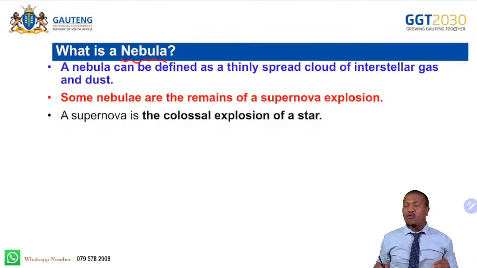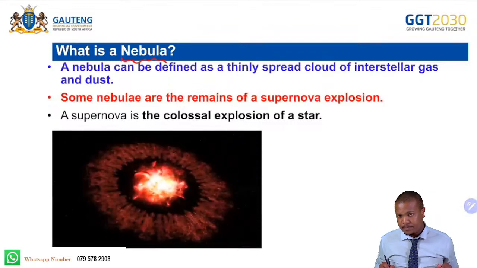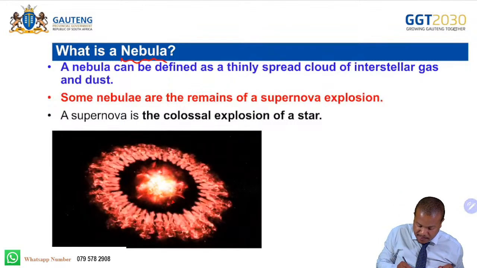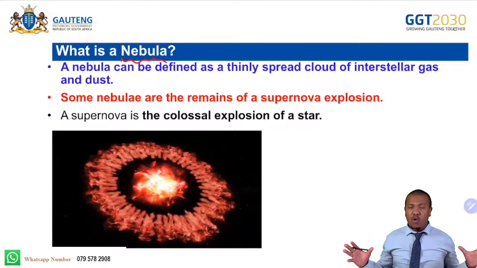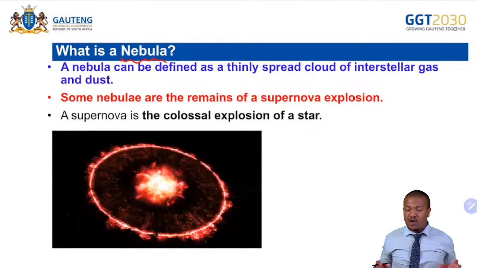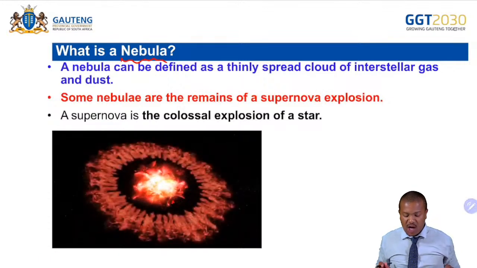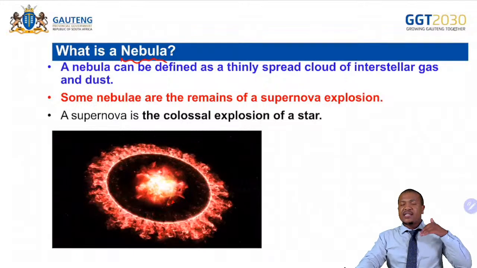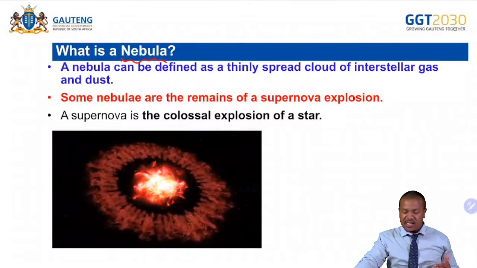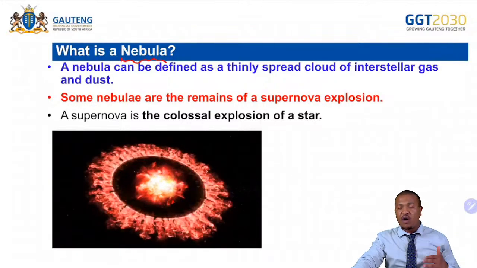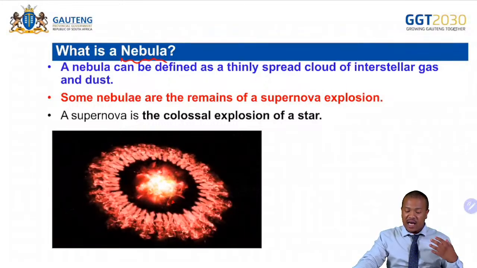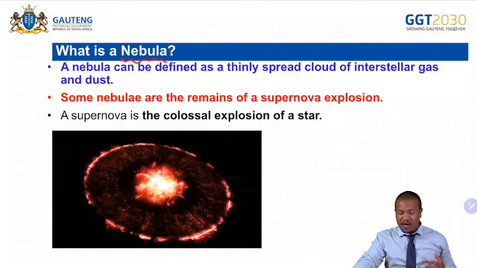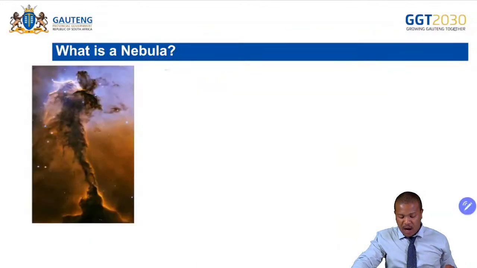So a supernova is simply the colossal explosion of a star, right? Looking at this example here, we can see what? The star exploding, right? Into a supernova explosion, right? So meaning what now? Some nebulae or some stars are going to be born from the remains of the star that has undergone what? Supernova explosion. Are we together?